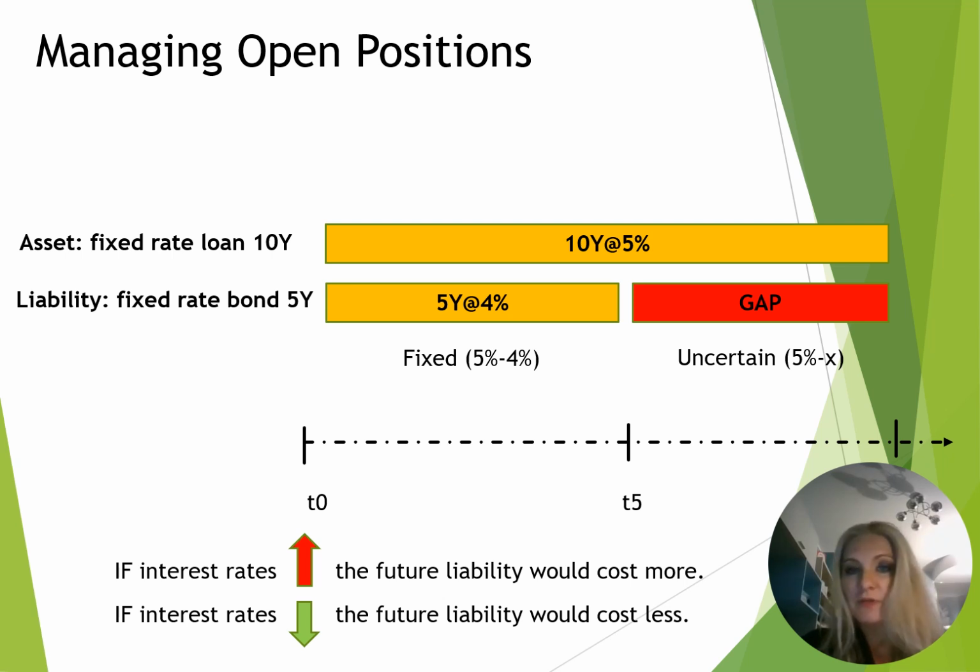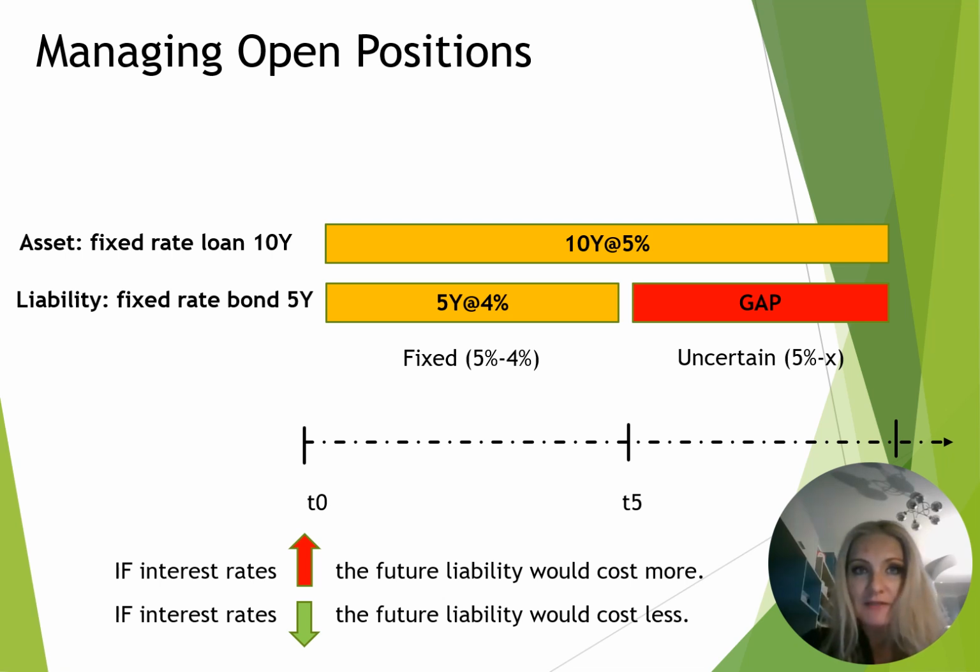And there is obviously the open risk position from year 5 onward, because there is no liability. So natural hedging will be trying to match those tenors and to use the existing items on the balance sheet to offset the time bucket sensitivity.